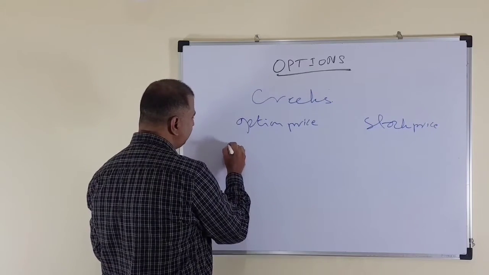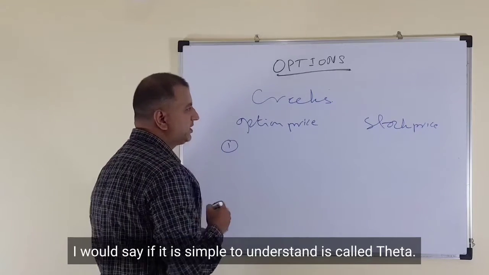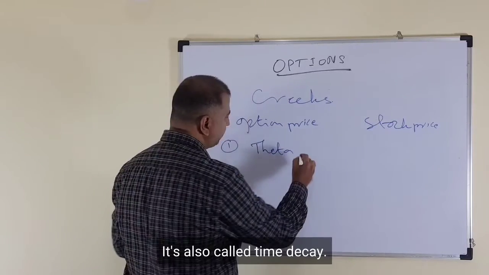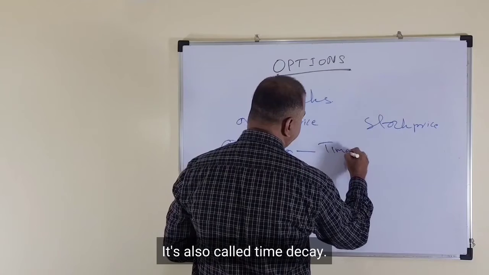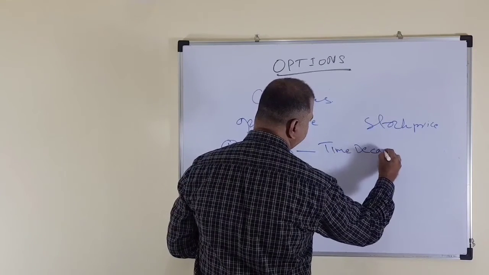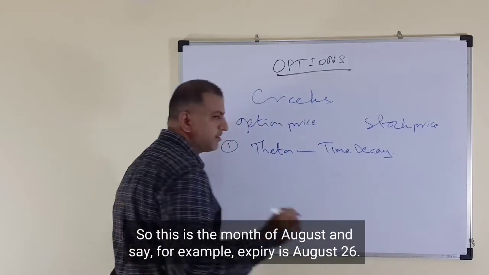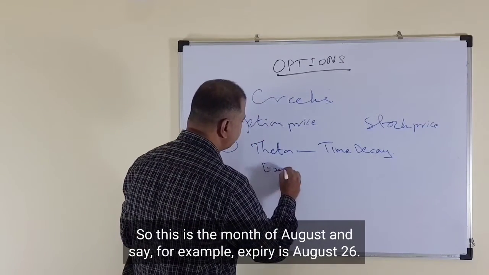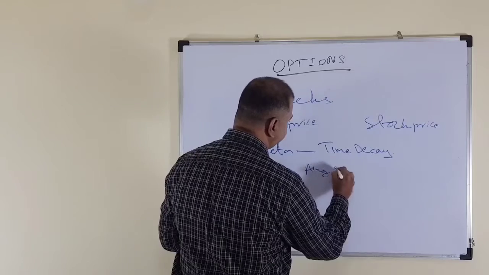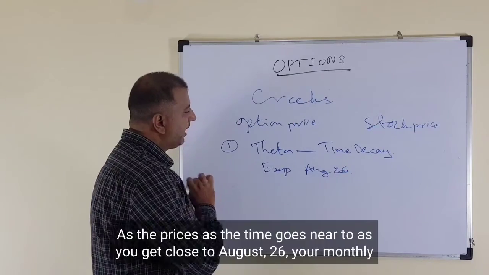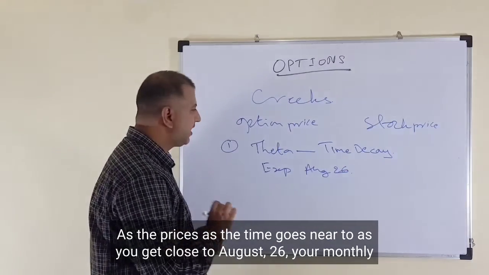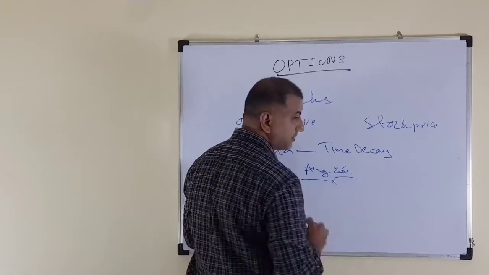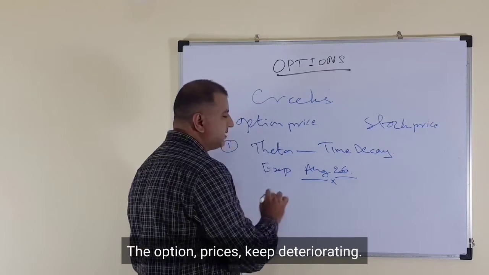The number one, I would say pretty simple to understand, is called theta. It's also called time decay. So this is the month of August, and say for example expiry is August 26. As you get close to August 26, your monthly expiration, the option prices keep deteriorating.